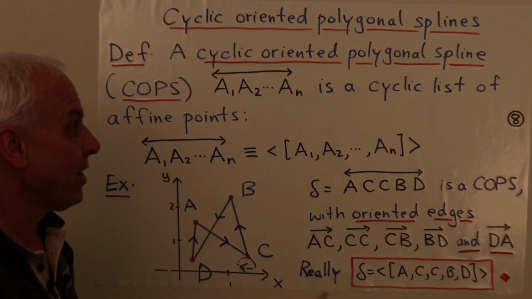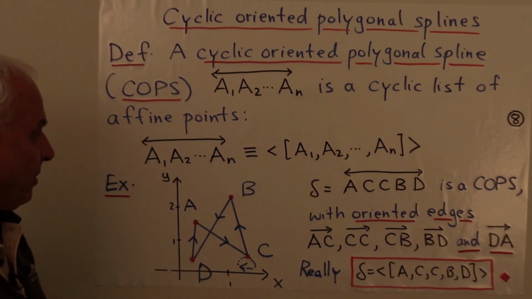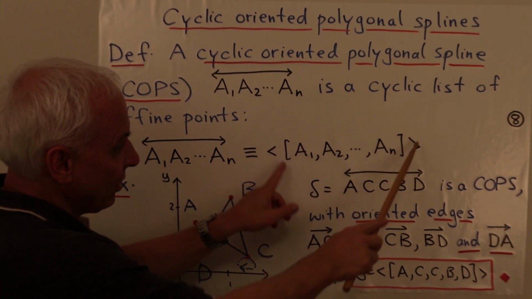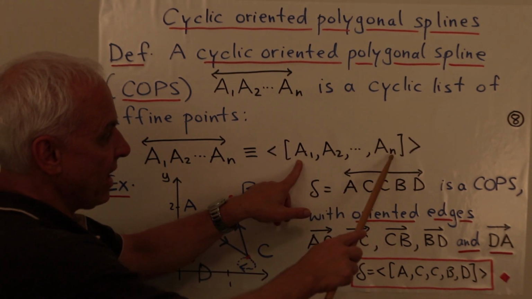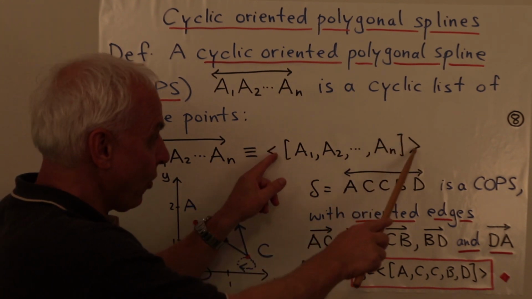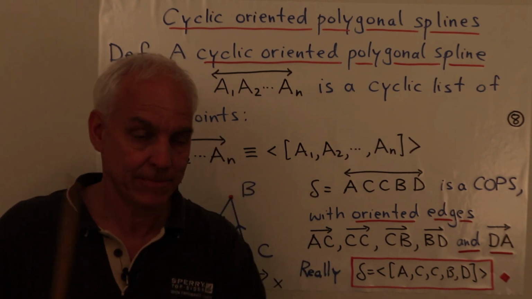And what is it? Well, it's a cyclic list of affine points. Namely, it's this cyclic list, A1, A2 up to AN. And it's a cyclic list because it's a list enclosed in the pointed brackets, which tell us that it's a cyclic list.